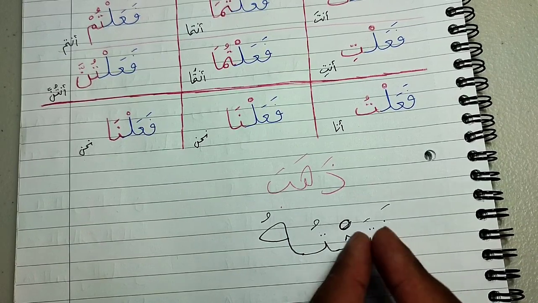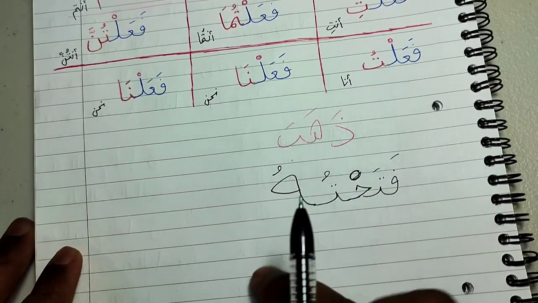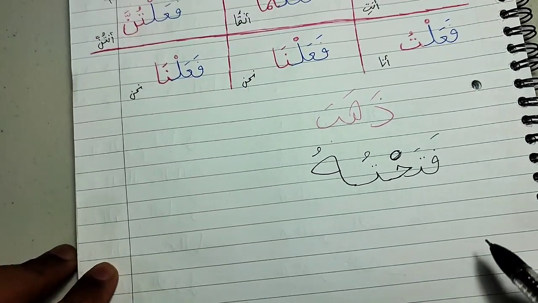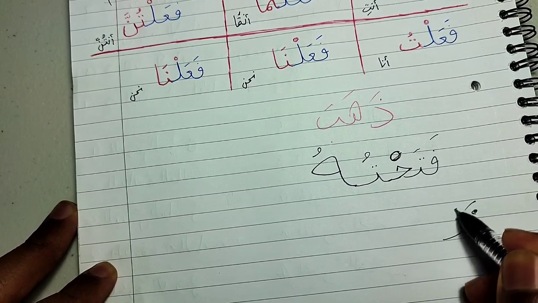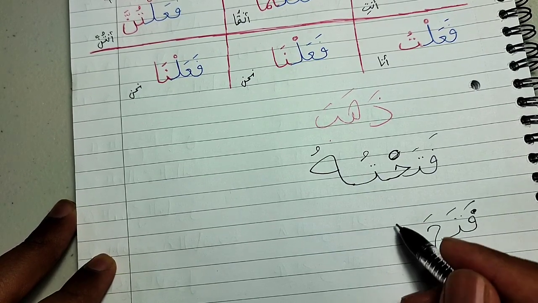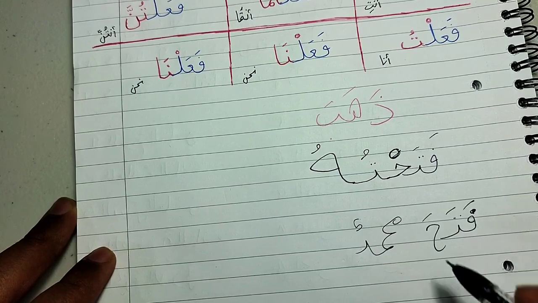So we have fi'l, fa'il, the doer, maf'ulun bihi, the object. So if I was to open up this sentence, take it back to its origin, I would say fataha. Okay, fataha. That's the fi'l. Let's choose Muhammad as our fa'il. Muhammadun. Muhammadun opened. He has to open something.